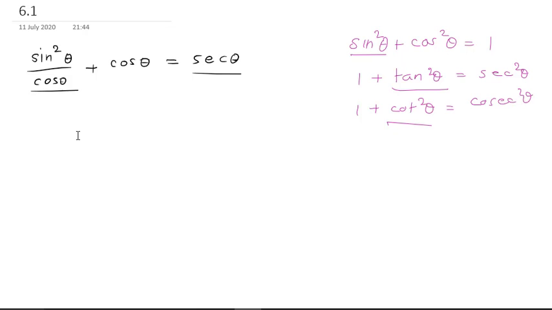The second way is that I will start from the right hand side and obtain what is given on the left hand side. And third, I will simplify this left hand side, I get some solution. Then I simplify this right hand side, again I get some solution. If both the solutions are the same, then I will say that left hand side is equal to right hand side.